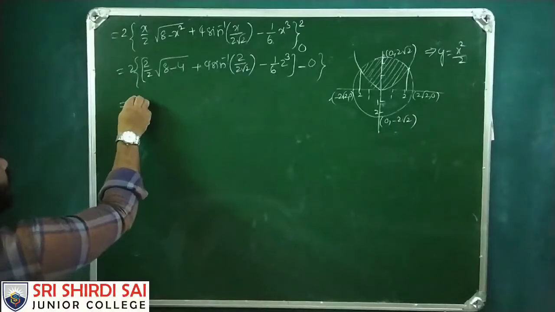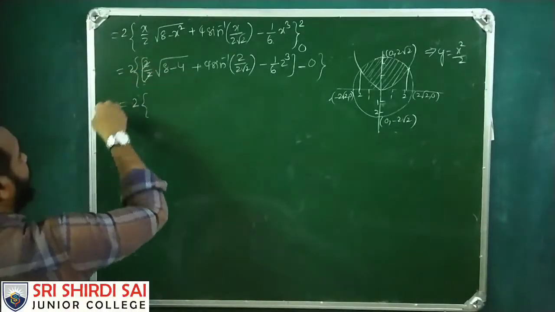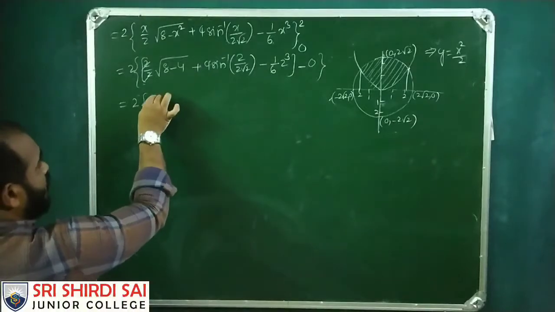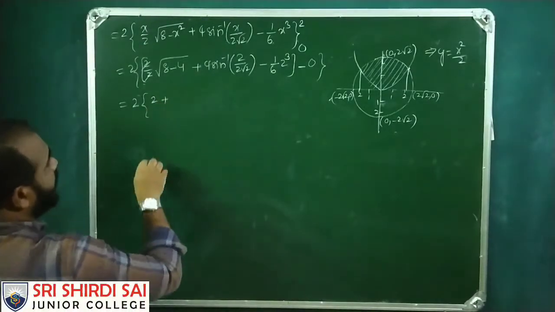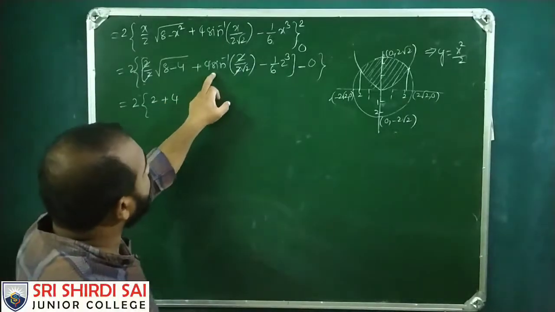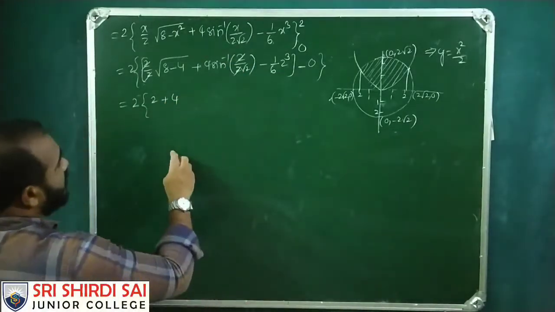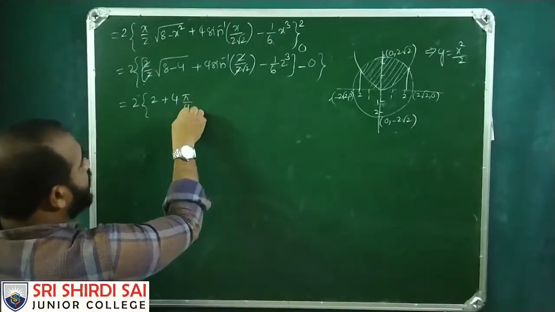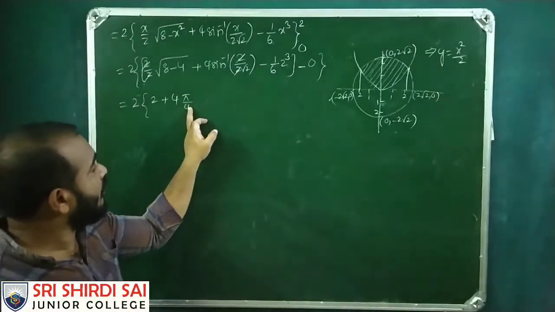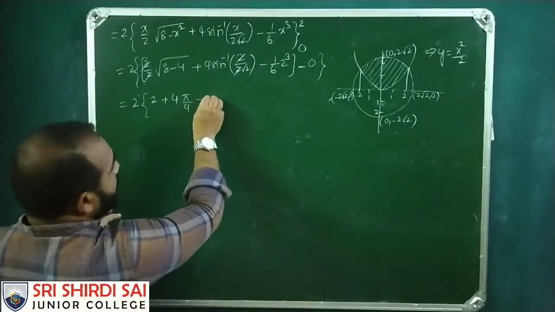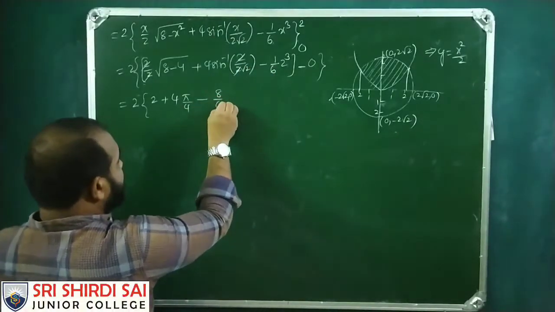This is equal to 2 times: 2 gets cancelled, root of 8 minus 4 is root 4, root 4 is 2, plus 4 sine inverse of 1 by root 2. Sine inverse of 1 by root 2 is pi by 4, because sine pi by 4 is 1 by root 2. Minus 2 cube, 8 by 6.